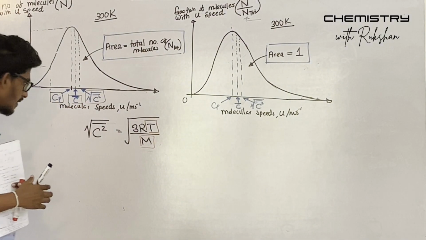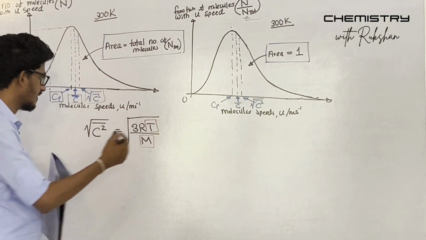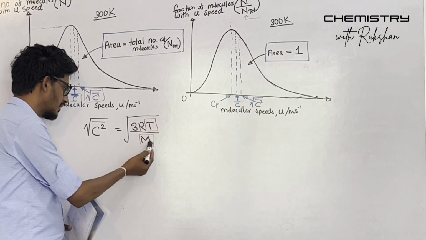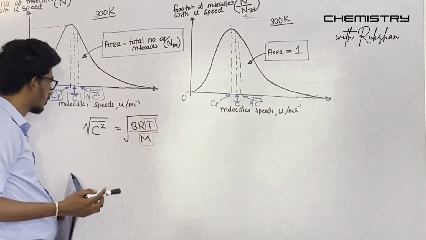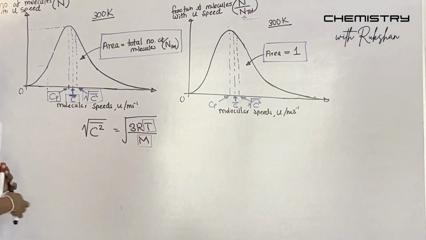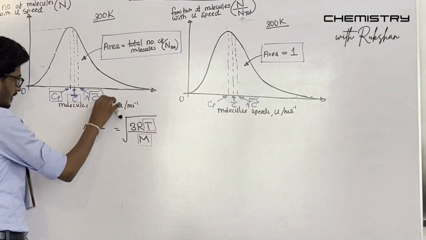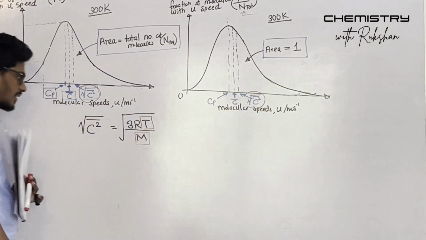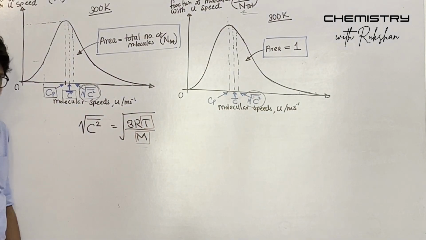So when T is high, the square root of c squared bar is high. When M is high, this will be low, right? So basically the values here will change according to the temperature and the molecular weight.